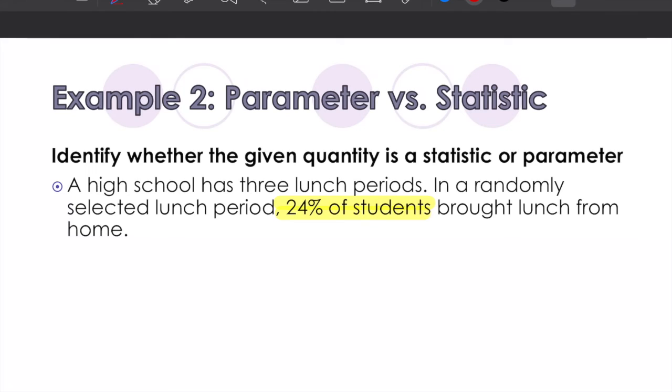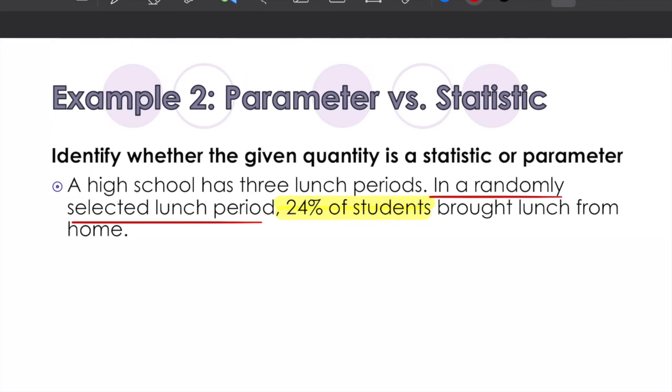Well, before the 24%, it says in a randomly selected lunch period. So that means that the 24% of students was just from that randomly selected lunch period. That 24% does not represent the entire high school. It's chosen to represent it, but the 24% is not something that describes as a fact the entire school.